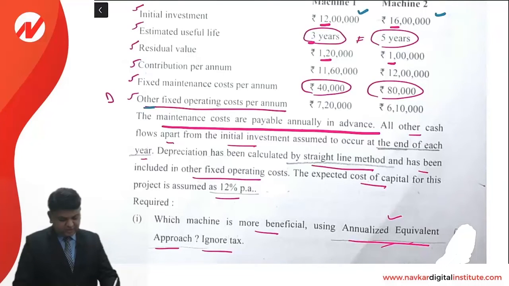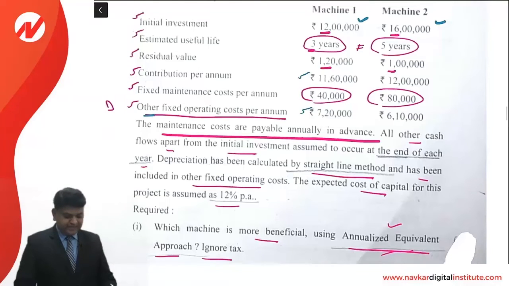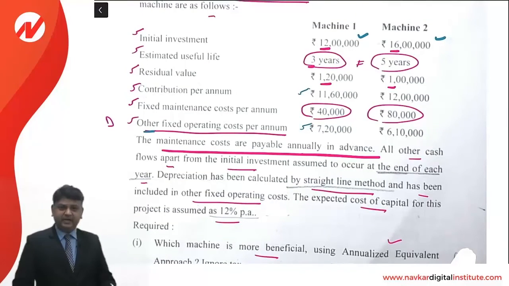It is the contribution, that is inflow. Other fixed operating cost 7,20,000 has been provided as including depreciation. So we are required to adjust the depreciation for calculation of the cash flow. That is the way recurring cash flow will be calculated, and importantly friends, I am making the calculation of the answer excluding the maintenance cost.